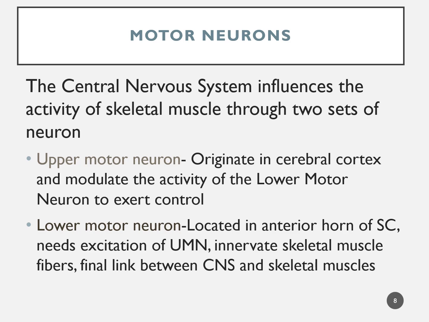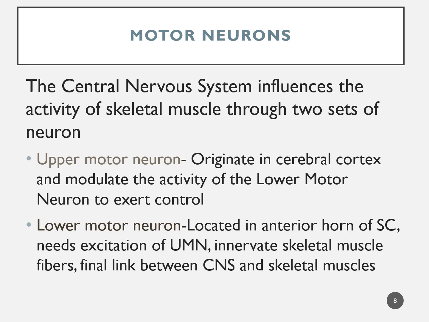Patients with spinal cord injuries can have either upper motor neuron or lower motor neuron injuries. The central nervous system influences the activity of the skeletal muscles through both of these neurons. If the patient has a high injury, basically above the thoracic level, cervical and high thoracic, that is the upper motor neuron.